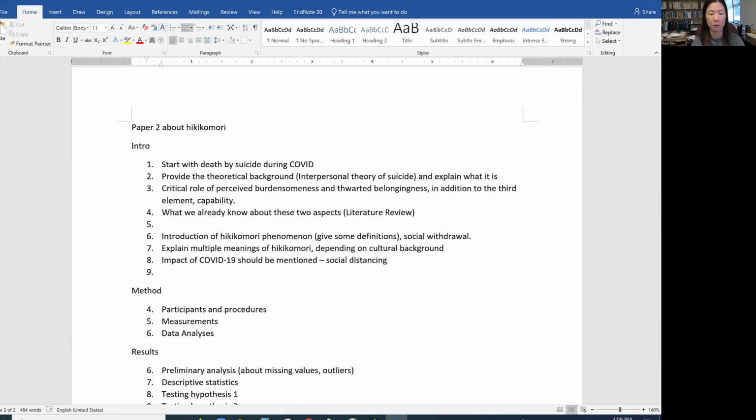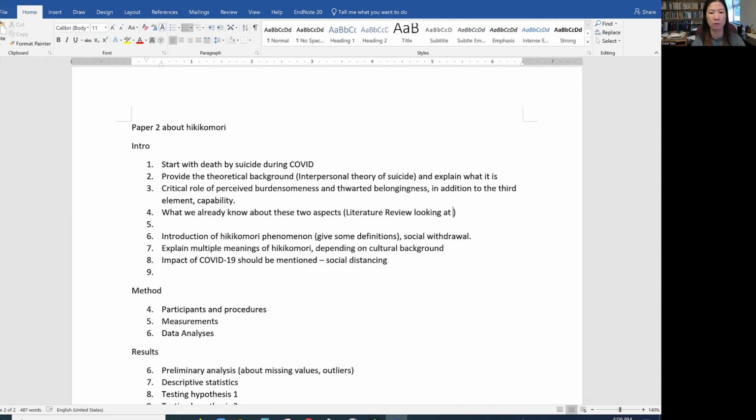Now I want to use hikikomori as a predictor variable for this. Which means, when I talk about it, I want the literature review to look at these two aspects as predictor variables.